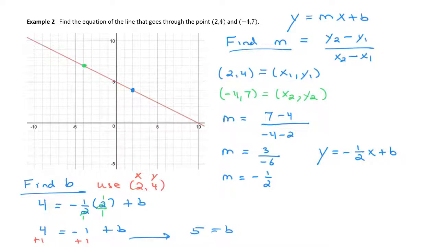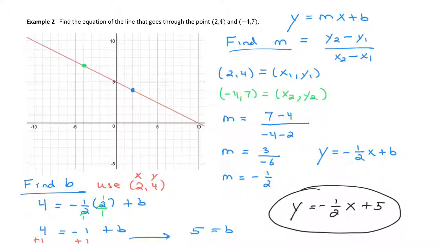Which is great because it actually matches up with what is in this picture right here. So here's my final answer. The equation is y is equal to negative 1/2 x plus 5. It was a two-step process. I first used the formula for slope to get this value here. Then I used one of my two points to figure out the value for b.